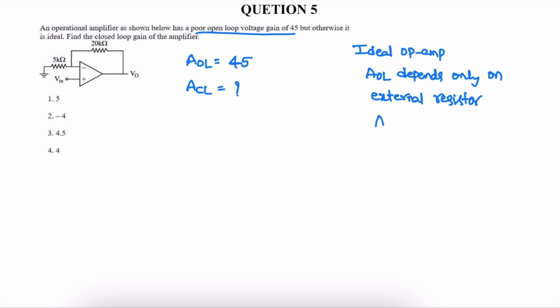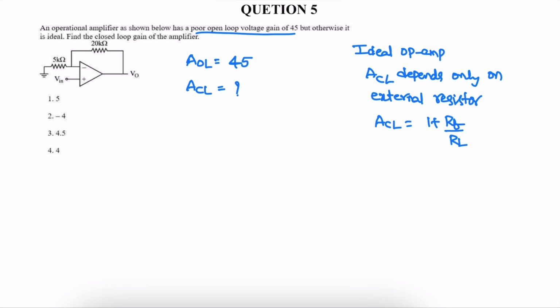The closed loop gain formula is ACL equal to 1 plus RF by R1. So closed loop gain depends only on external resistors.